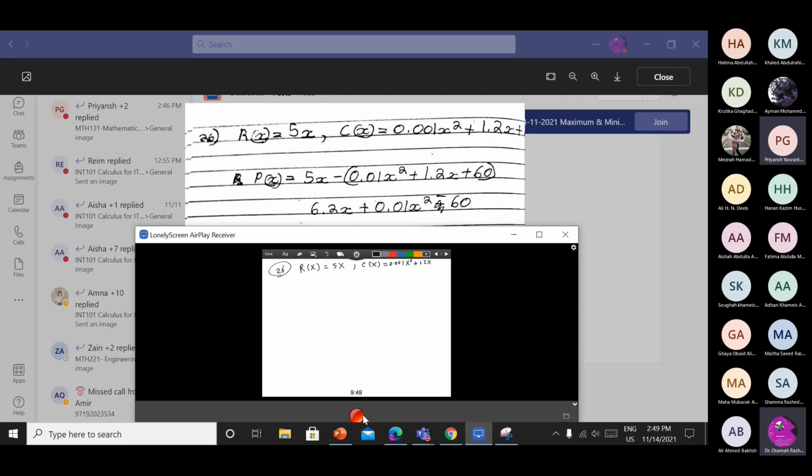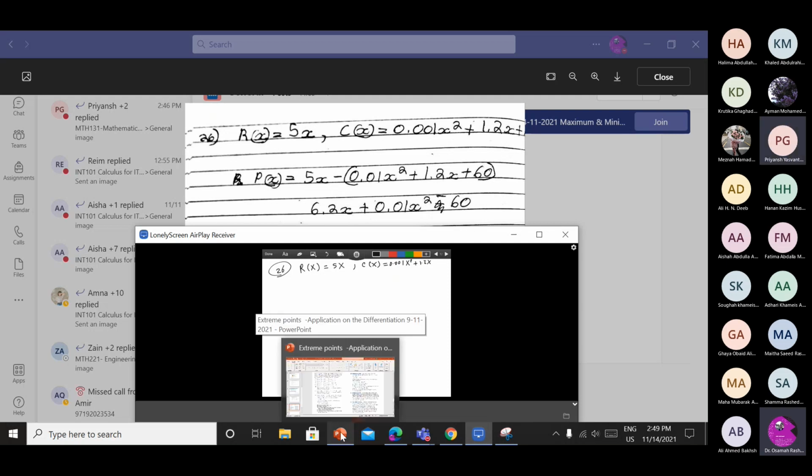And 26. Sorry? 60. Yes, 60. Okay, so the profit P of X will be equal to R of X minus C of X.